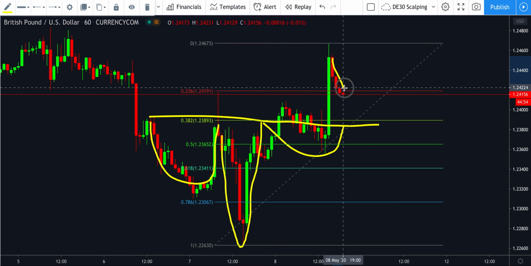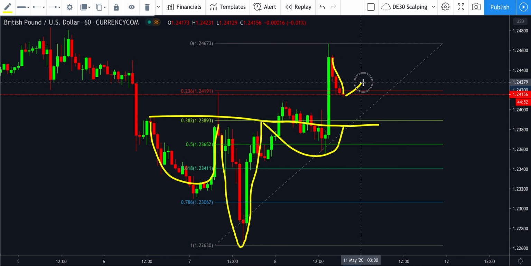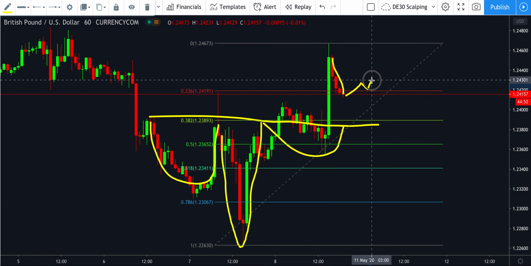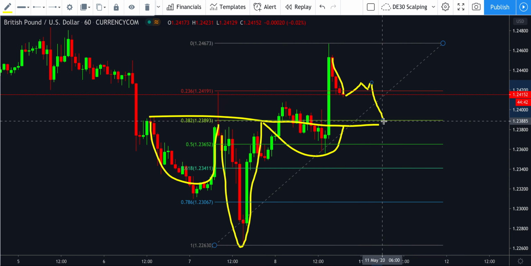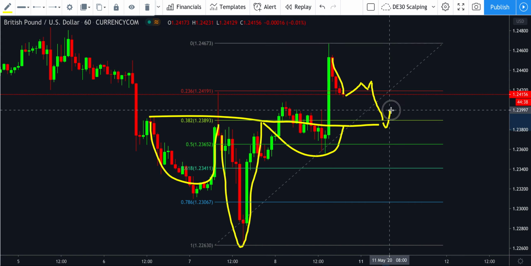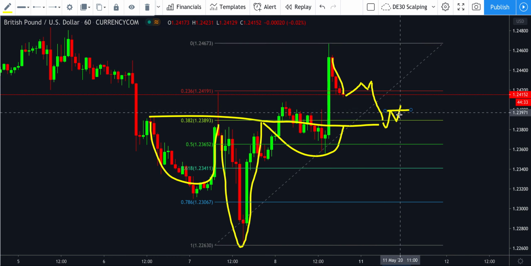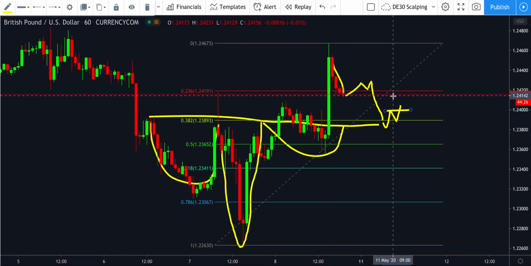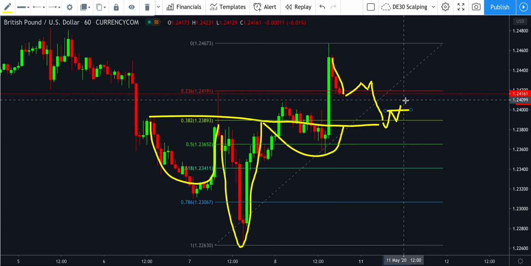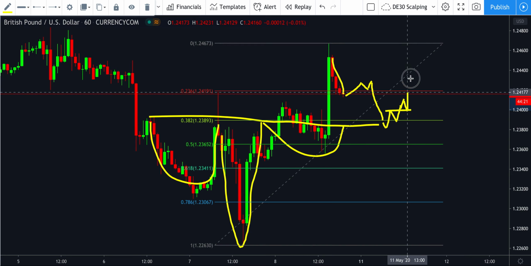Here we are having this correction. Let's say we'll have a second correction, and then we'll have the second leg. And once price hits here, you can try to find an entry point as soon as price closes above the first swing higher. The first time price swings higher, this is not your signal. Wait for the second time, and then you can buy.